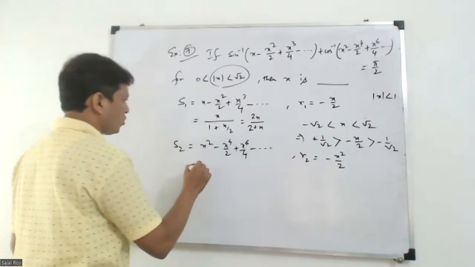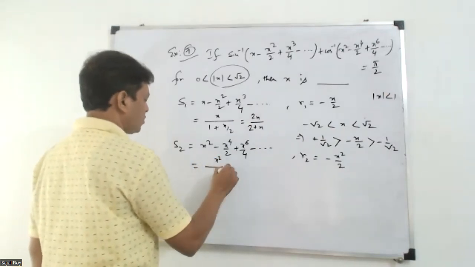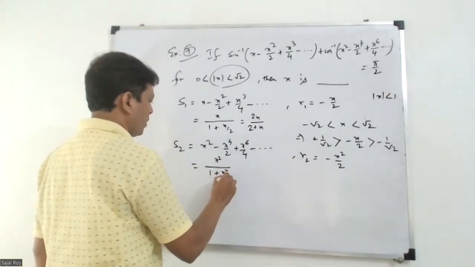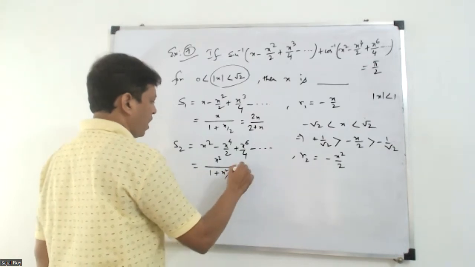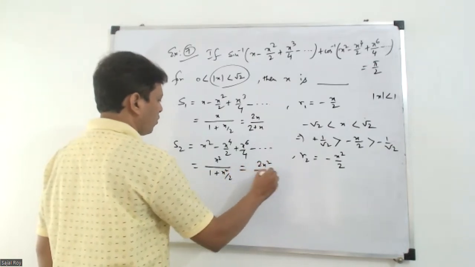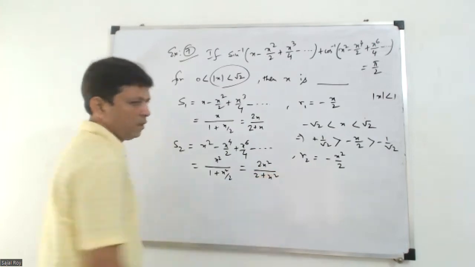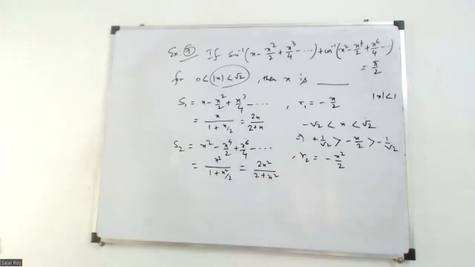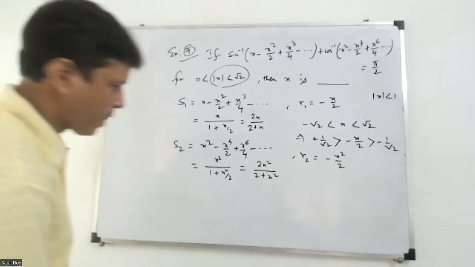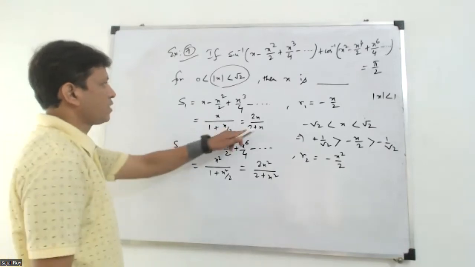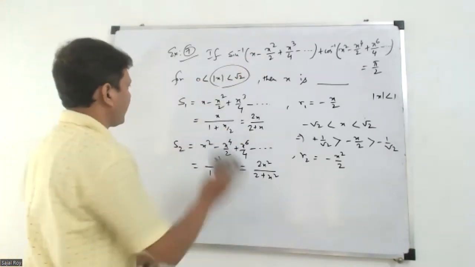So in this case also you have a sum, because the sum is a by 1 minus r. So 2x squared over 2 plus x squared. This is the sum. So this portion is simplified in that form.